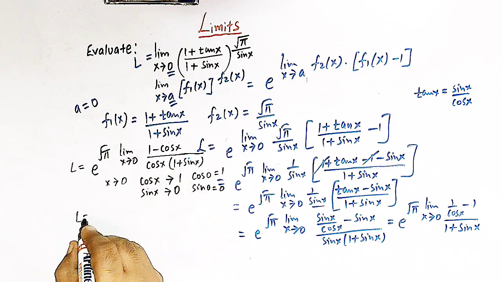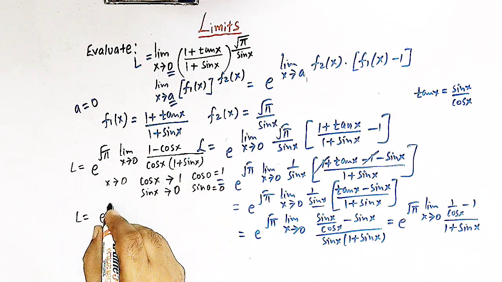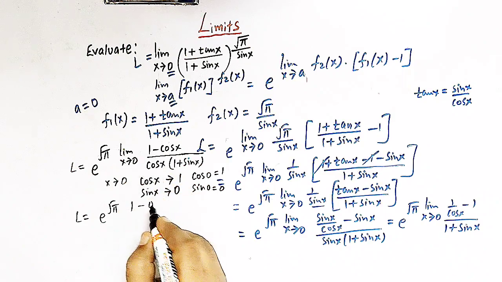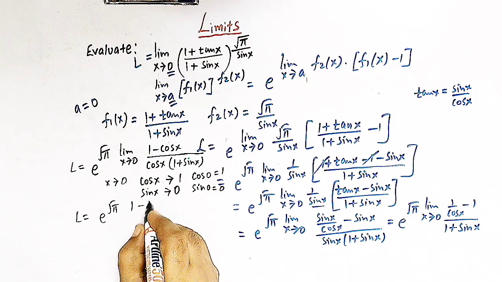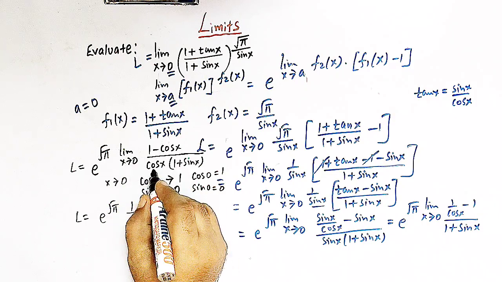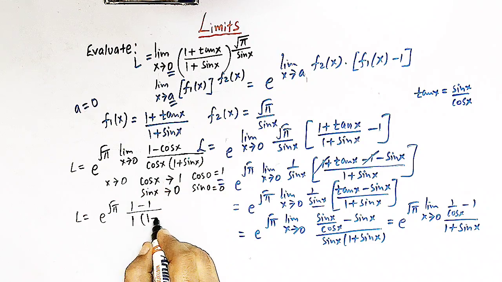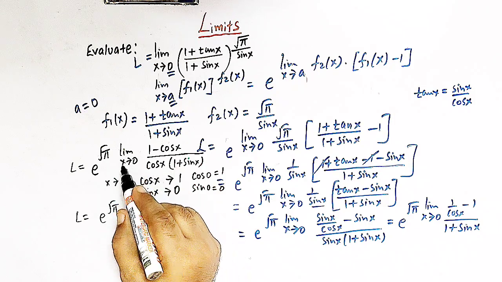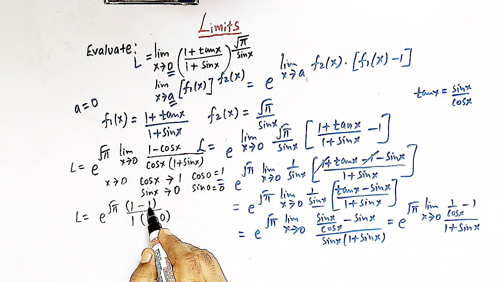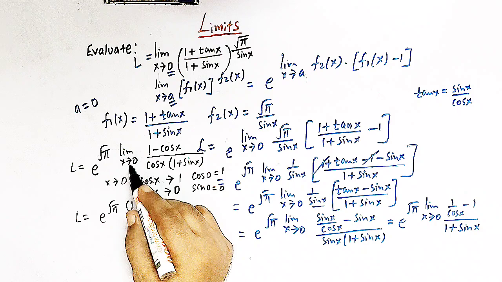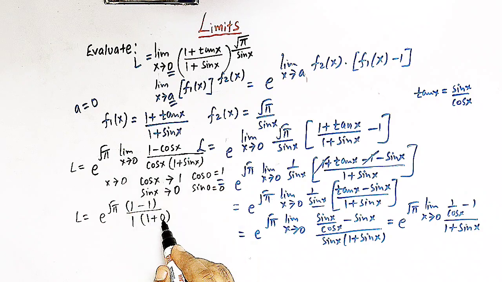So now we can write this limit L as e raised to square root of pi, and here we have 1 minus 1, because as x tends to 0, cos x is 1, and in the denominator we have 1 plus 0, because as x tends to 0, sin x is 0.